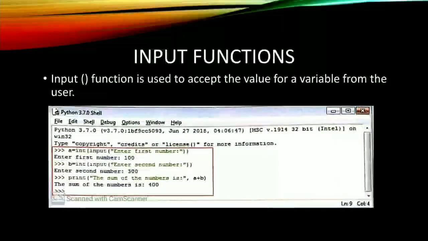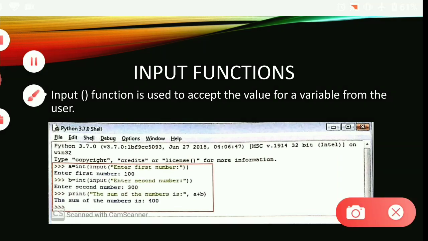Input function is used to accept the value for a variable from the user. Means with the input function, the user can enter a value at the time of execution. As you can see in the example code, it asks for the first number. Means this will be entered by the user.